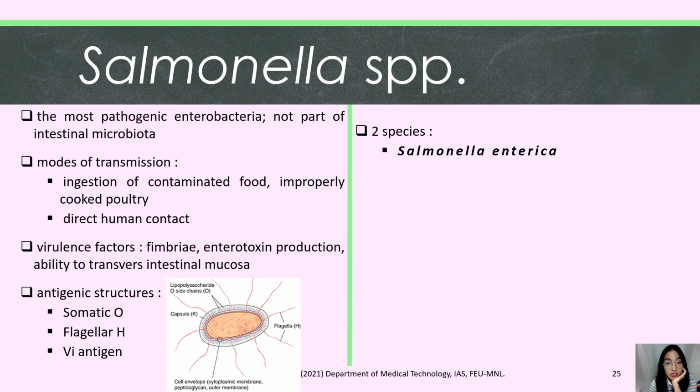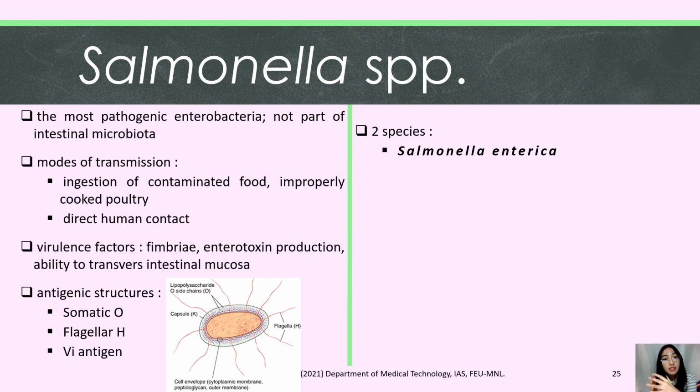So factors that are responsible for the virulence of Salmonella include fimbriae, used in the adherence in initiating intestinal infection. Another would be enterotoxin production. So enterotoxin produced by some Salmonella strains that cause gastroenteritis has been implicated as a significant virulence factor.